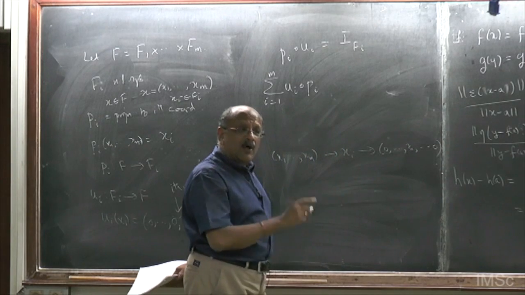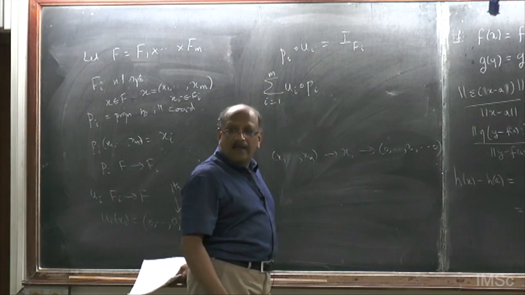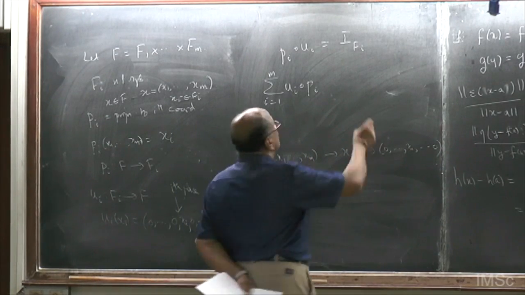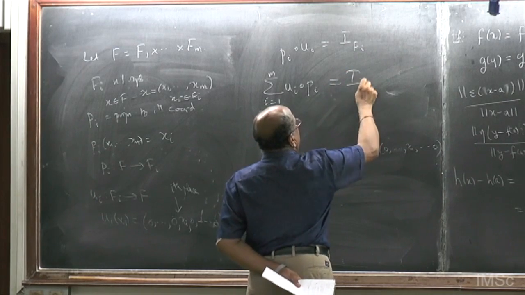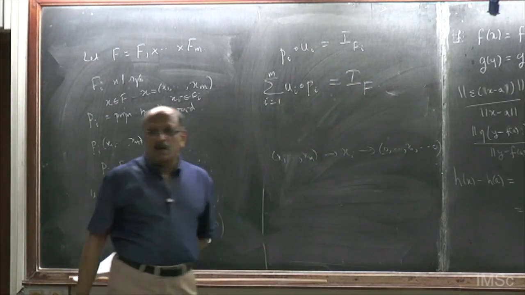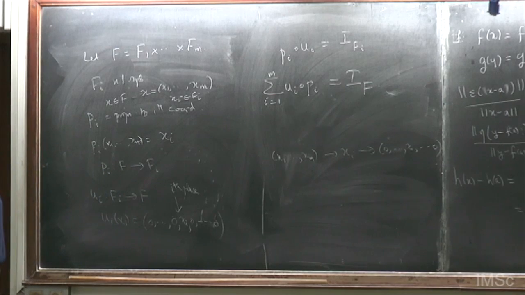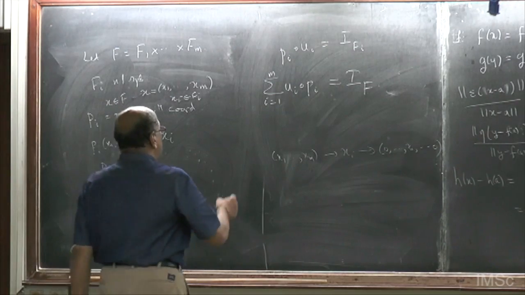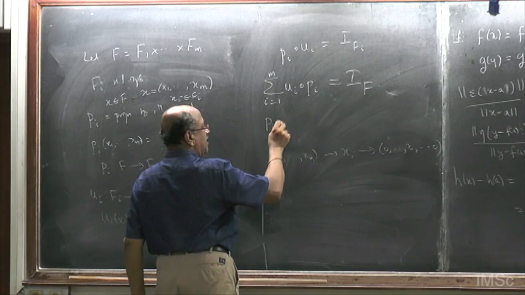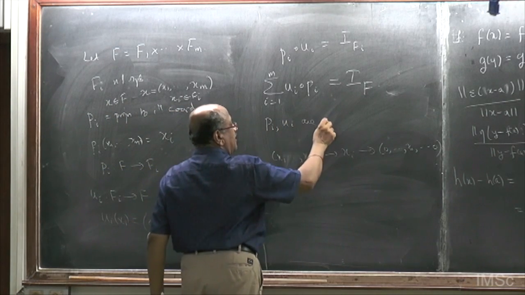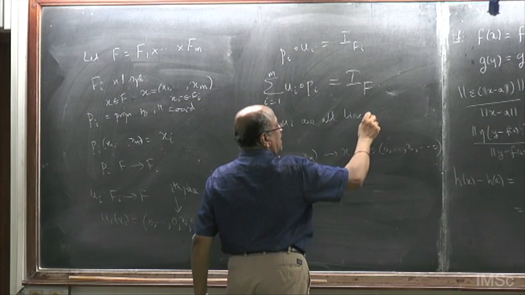Now, if I add them all up, what will I get? x again. Okay. So, this is nothing but identity on F. And of course, recall that pi, ui are all linear maps.